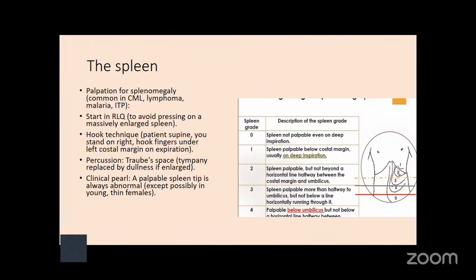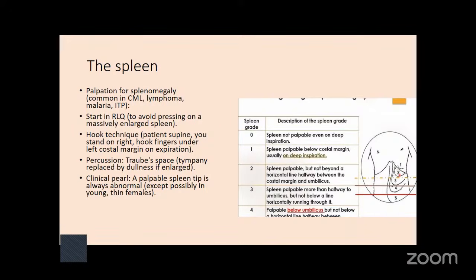We want to assess the patient in a supine position, palpate using the radial border of your hand, and try to palpate as the patient expires and inspires, so that you can use the diaphragm to push the spleen down.